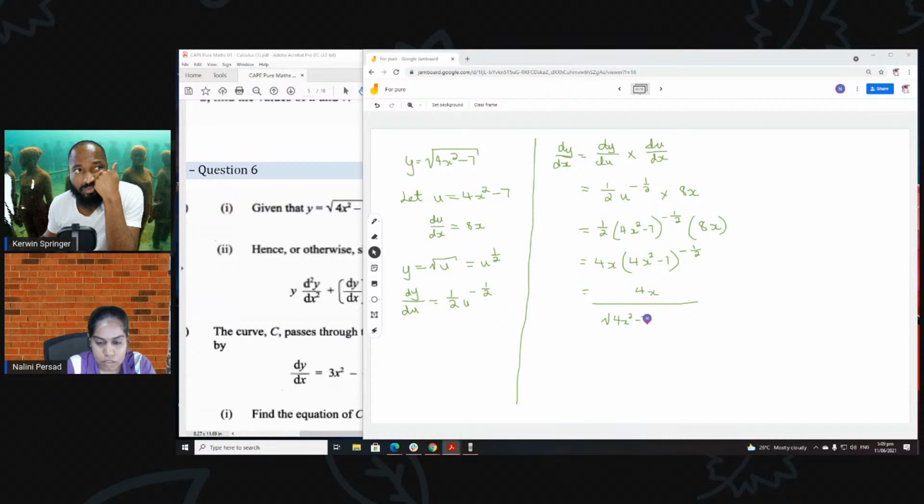Now, the root of 4x squared minus 7 is equal to y. That's from this part here. This root of 4x squared minus 7 is equal to y, so we substitute that there. So this will give you y dy dx is equal to 4x, which is what we were trying to prove.